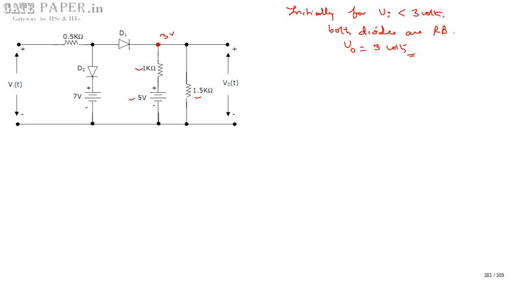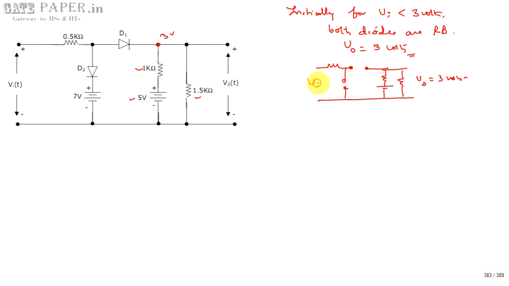So by that time this is going to be the equivalent circuit. Both the diodes are reverse biased, and this is V0, which we have seen is 3 volts, calculated from this one.